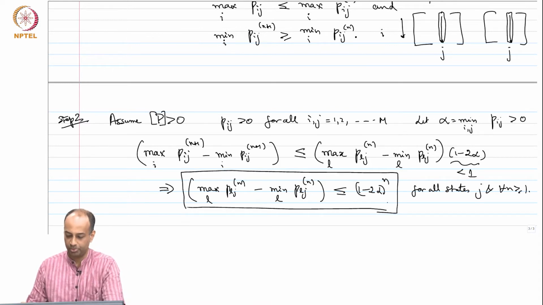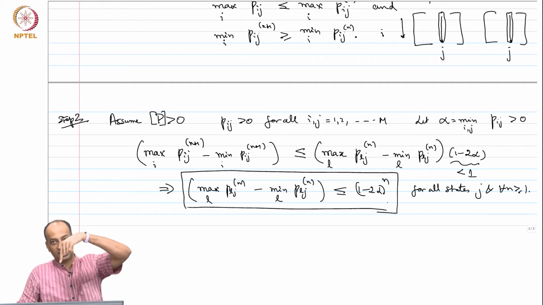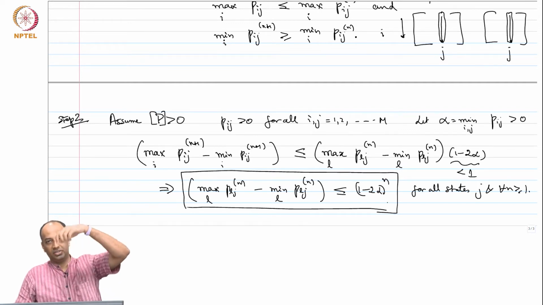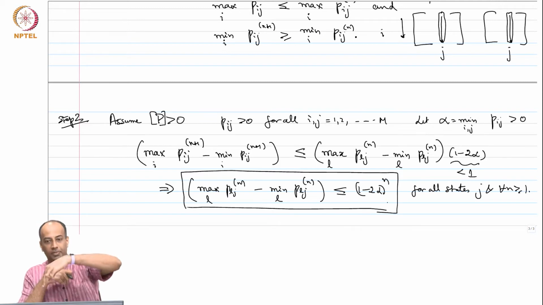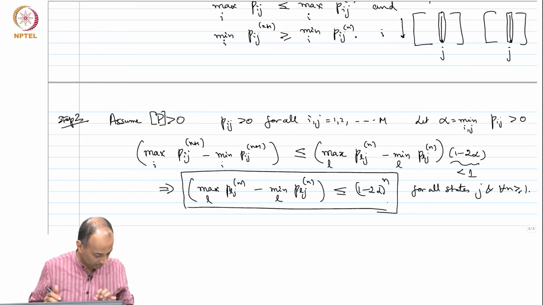So if you have every entry positive, the difference between the max and the min in any column goes down geometrically fast as n increases. All right. So as n tends to infinity, the difference between the maximum and the minimum goes down to 0 exponentially fast. So you must have a convergence, right?